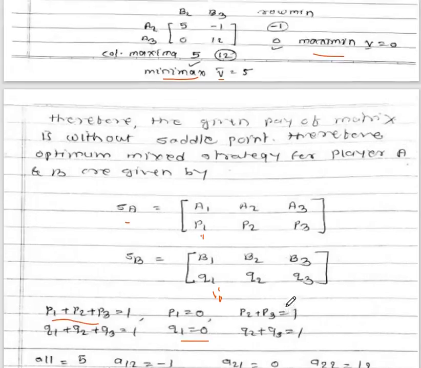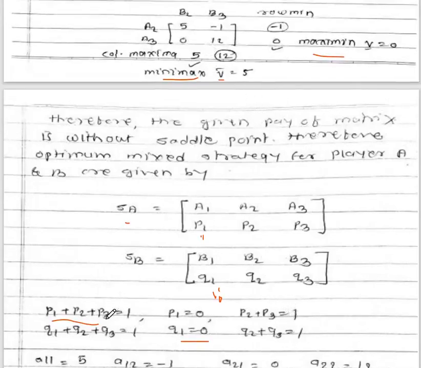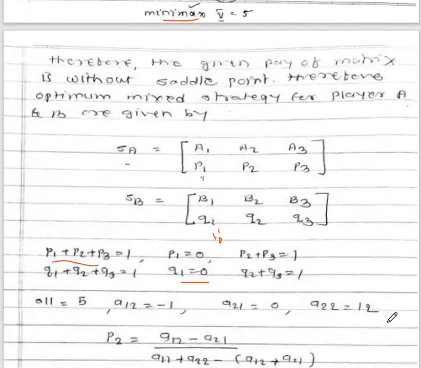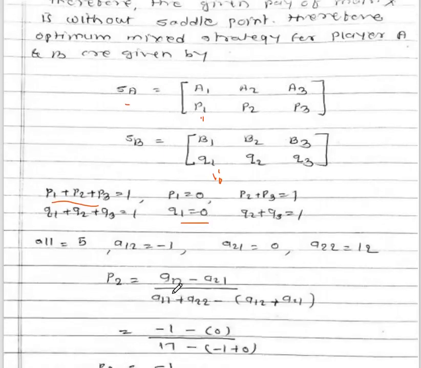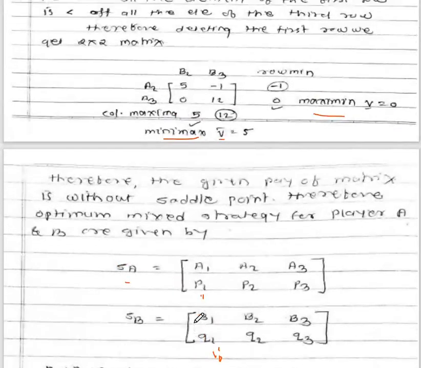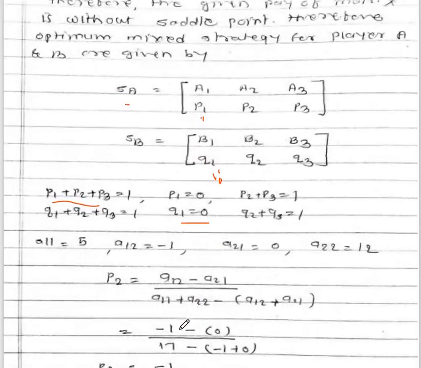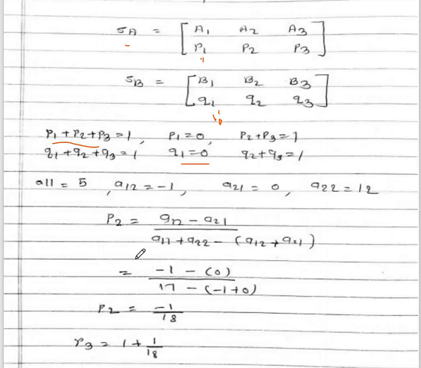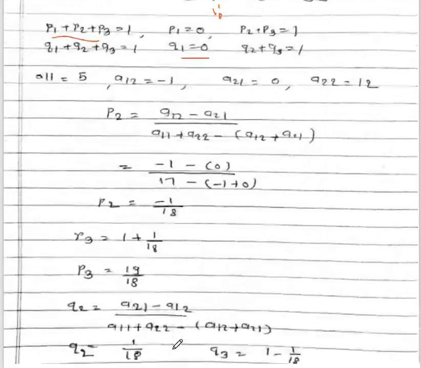From the given payoff matrix, A11 is 5, A12 is minus 1, A21 is 0 and A22 is 1, 2. Therefore, using the formula for P2, which is A22 minus A21 divided by A11 plus A22 minus A12 plus A21, putting all the values in this formula and solving, we get P2 is minus 1 upon 18.